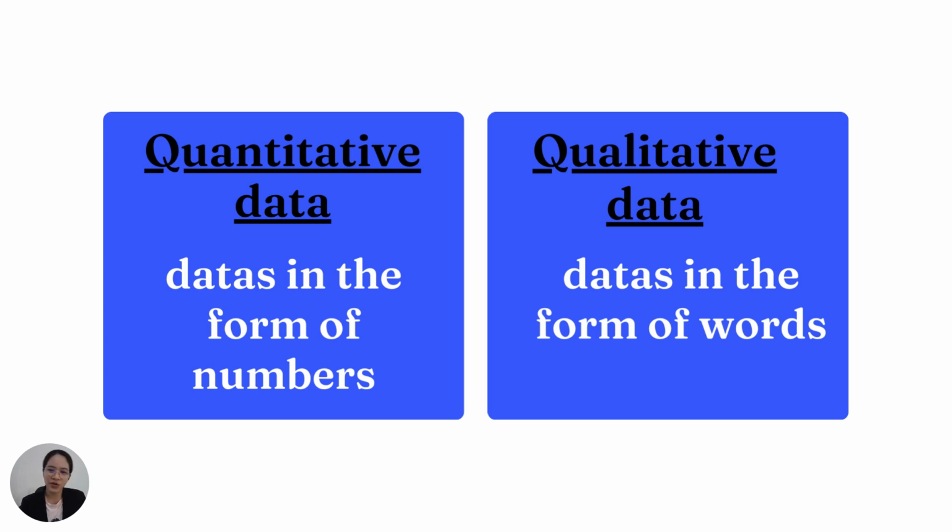Qualitative data, from the word quality, are data in the form of words or description. It is describing something. These data are gathered through interviews, responses to open-ended questions, or observation.